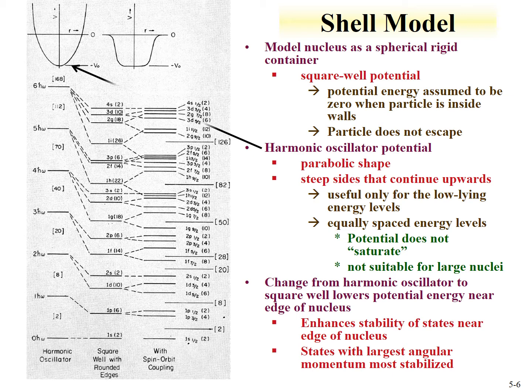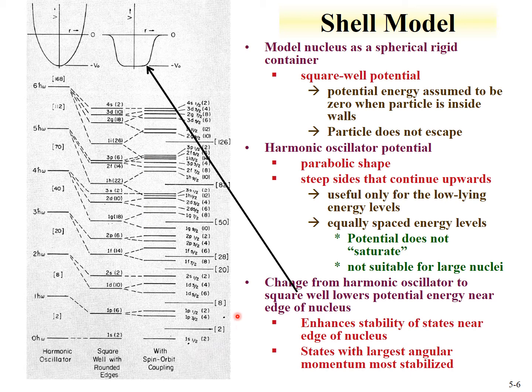If we change the nuclear potential to a square well with rounded edges, as shown here, we enhance the stability of states near the edge of the nucleus, and we see a lowering of the energies, we see a splitting, and then this splitting goes even further when spin orbit coupling is applied.